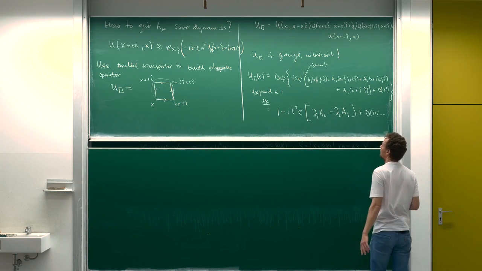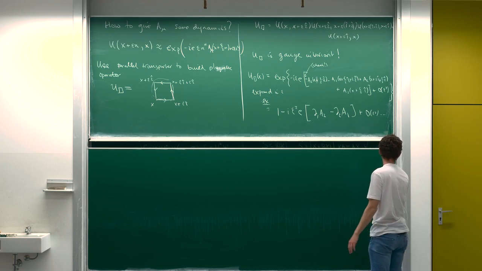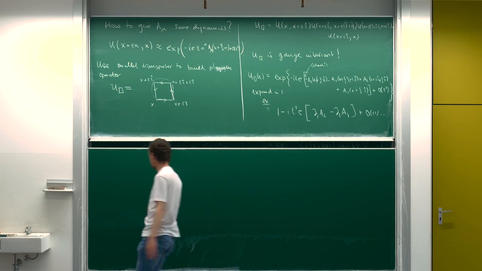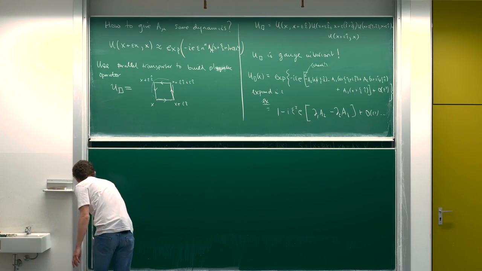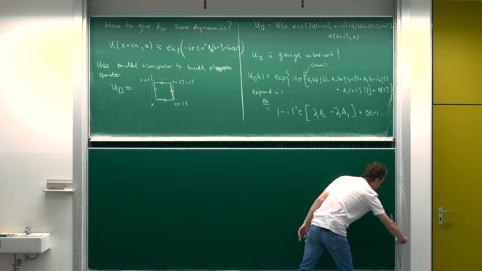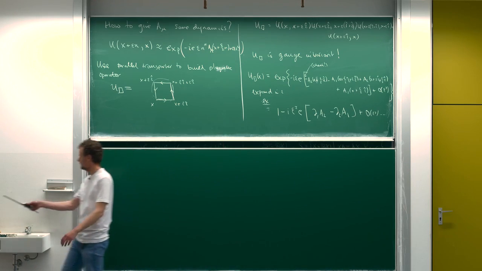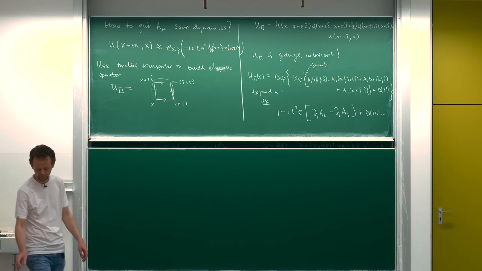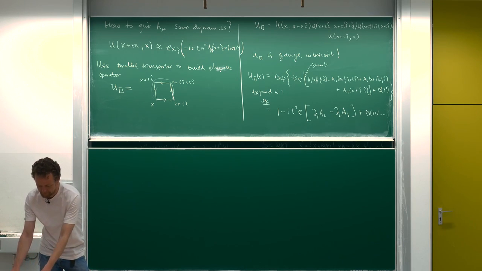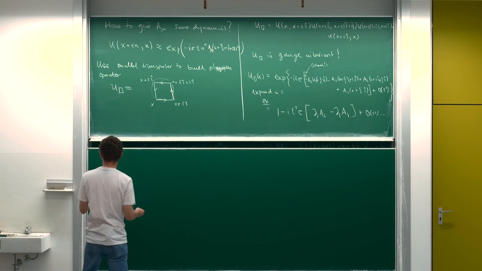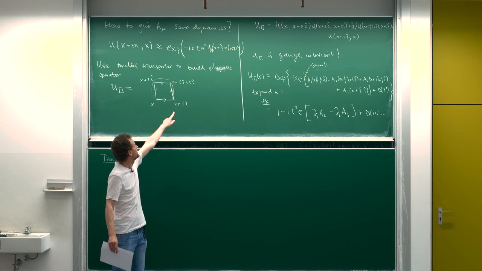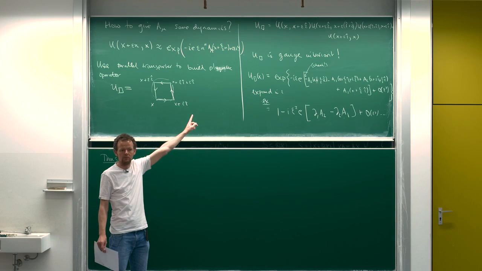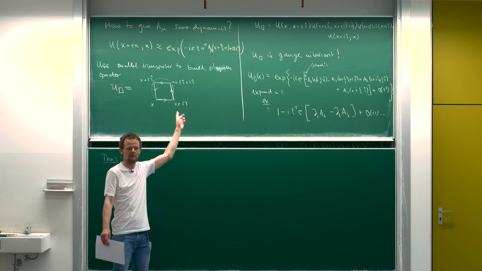So this whole thing transforms trivially under G. Therefore, d1 A2 minus d2 A1 transforms trivially under G. We did it for going in the x and the y directions, but that was just an example. We could have gone in the x and the z direction, or the t and the z direction, and so on.